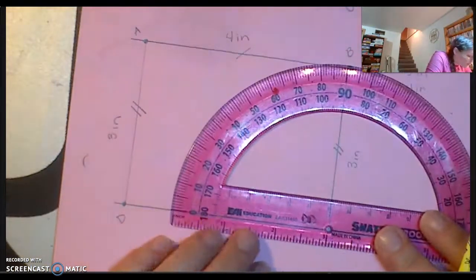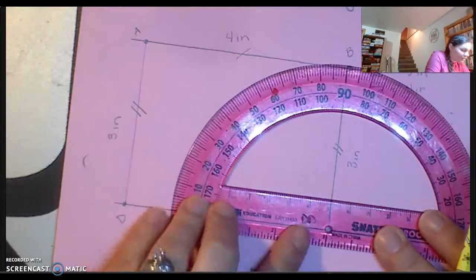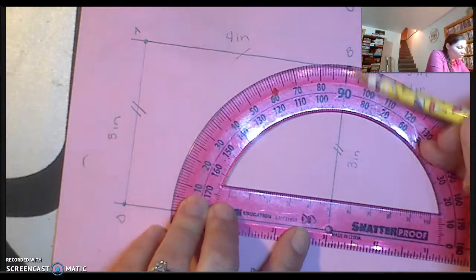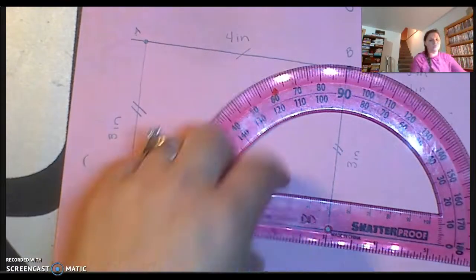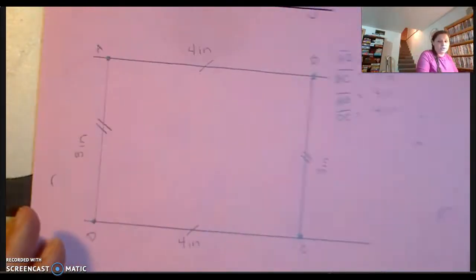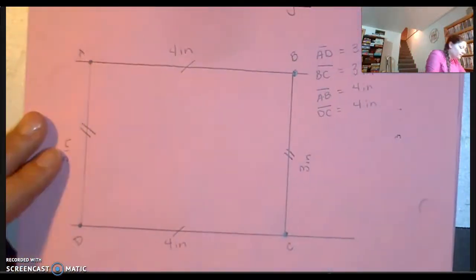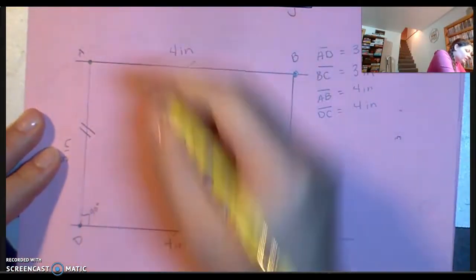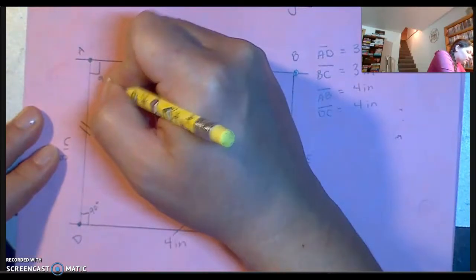I line the line up with the bottom of the protractor. I put the point in the hole, and if we look, it's pointing directly at 90 degrees. So when I mark a 90-degree angle, which is also called a right angle, I just put a little square in the corner, signifying that it is a right angle.